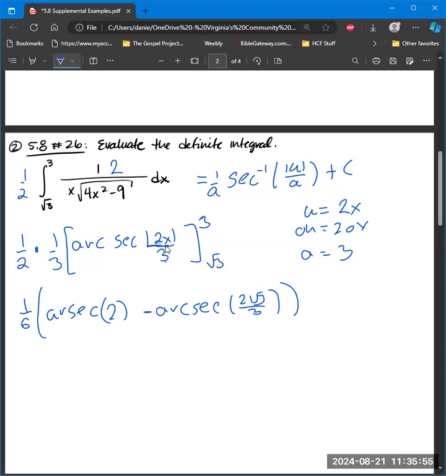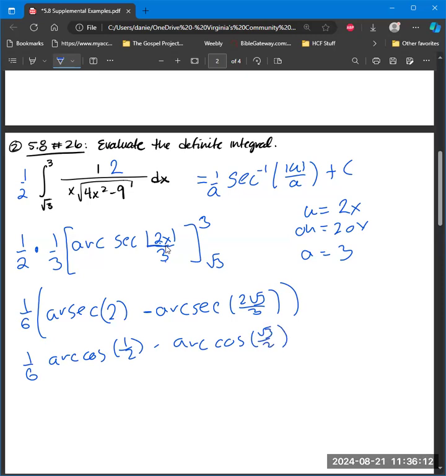So what this tells me is this is 1/6 times arccosine of 1/2 minus arccosine of 2 over root 3, so that's root 3 over 2.